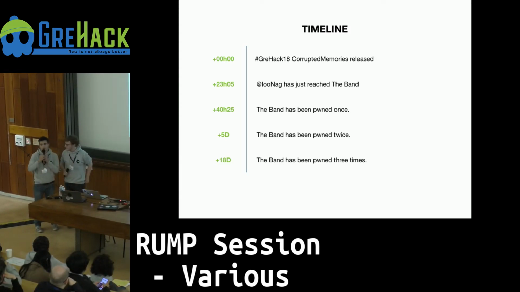Because it was hard for us to know if we had the right cursor of difficulty for this last challenge. And when we saw that the first guy solved it in 12 or 15 hours, we were like, okay, it was maybe way too easy.